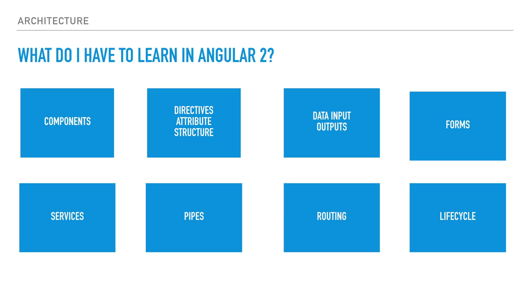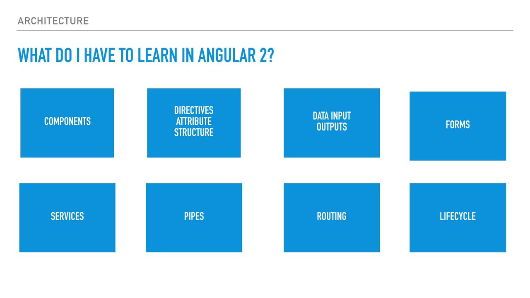Services are singletons, classes that will serve for a single purpose. So we can think about them like a user service. This service will take care of all the user methods that will retrieve information from the server, add users, delete users. So it's a singleton with a single purpose.